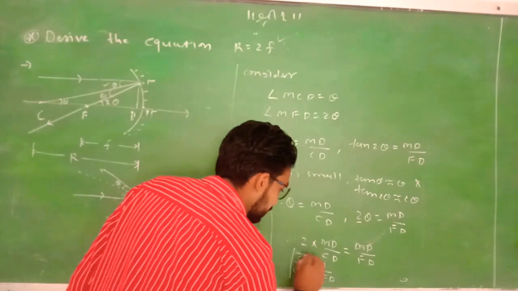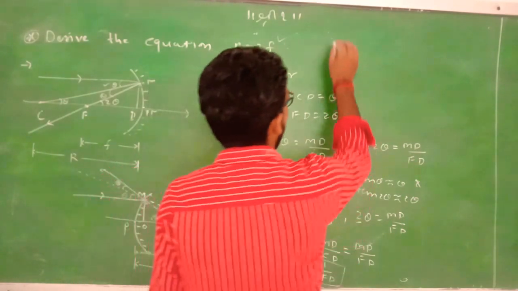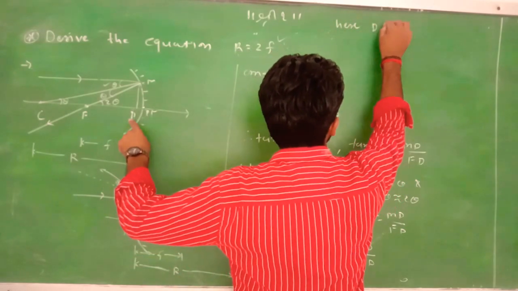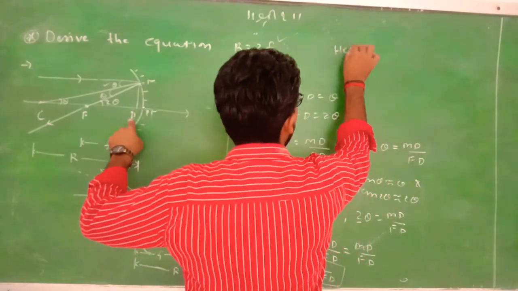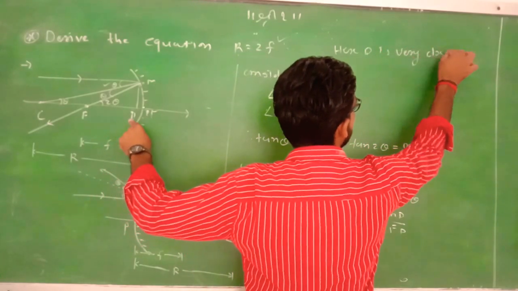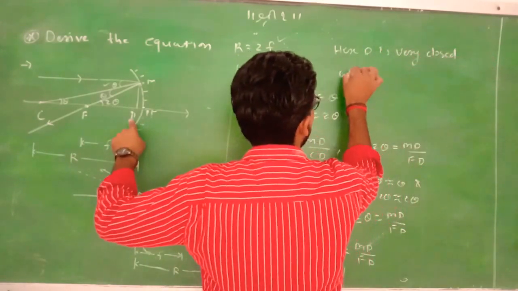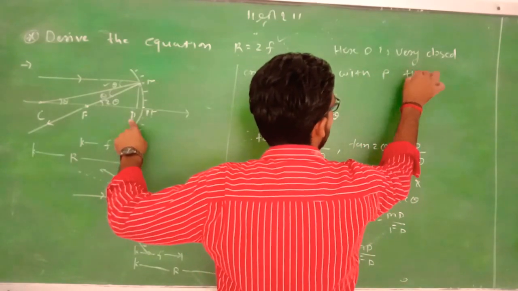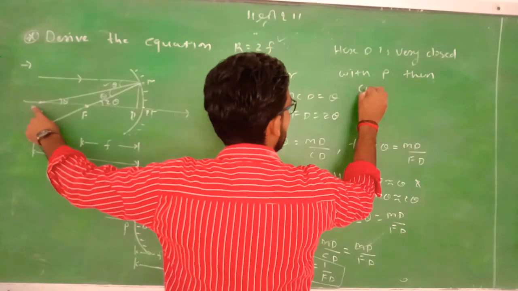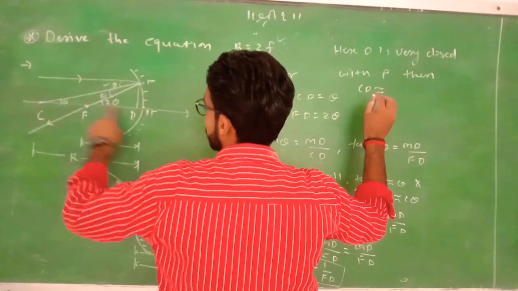Just remember this equation. Now here D is very close to P. Then we can say that CD is nearly CP.